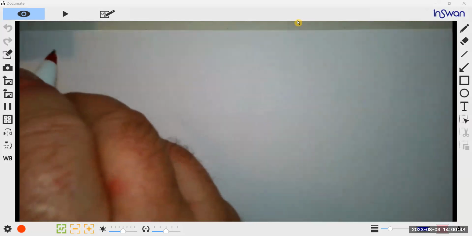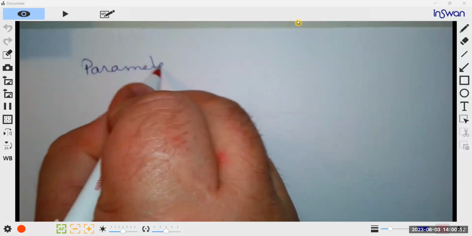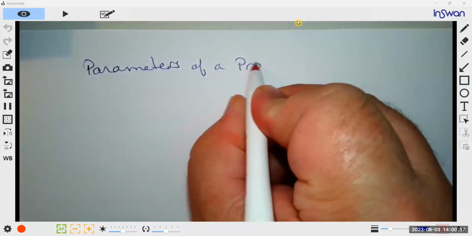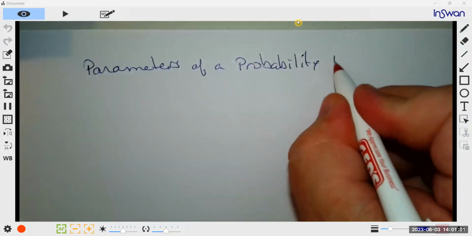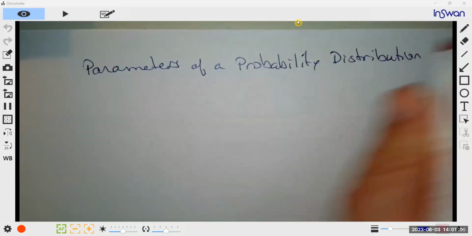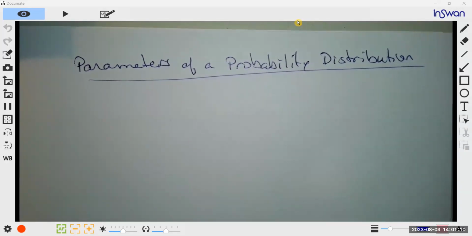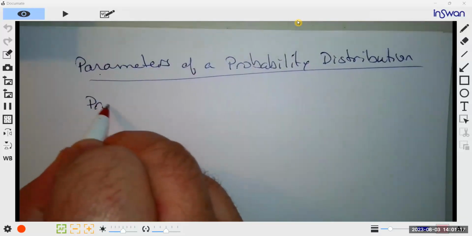Let's look at these formulas now, the parameters of a probability distribution. First, we're looking at probability distributions.